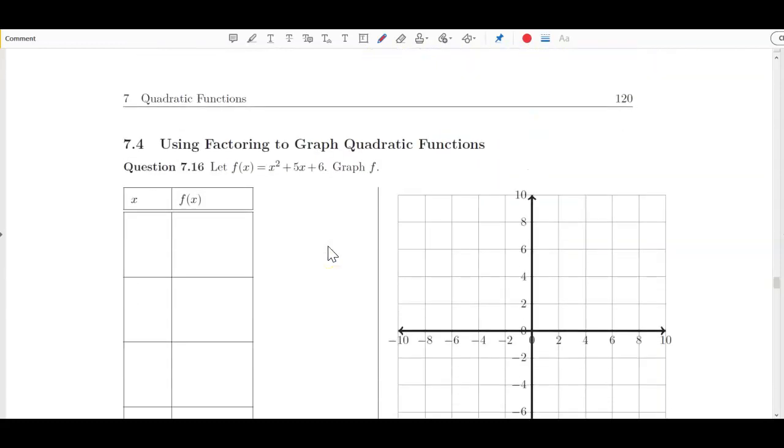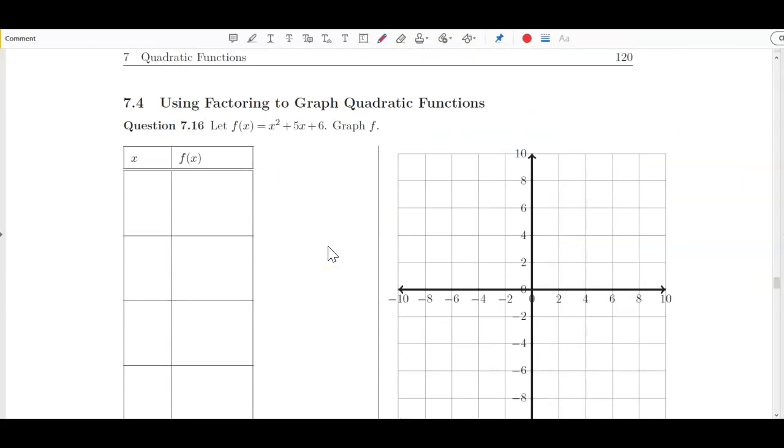Okay, well, let's move on to 7.4, and we're still going to be using all of these methods that we talked about. So we could still use the box method or the factor by grouping or the synthetic factoring. And remember, we want to use those when the leading coefficient is not 1.